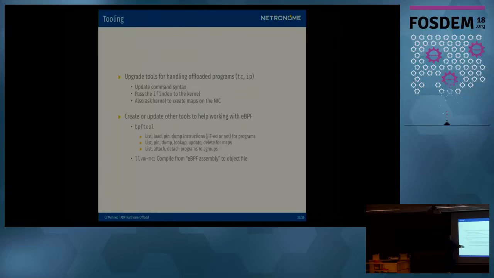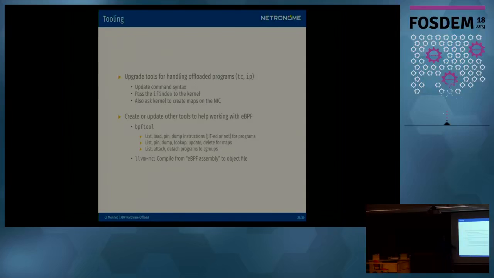For example, bpftool, which is now in the kernel tree, is a simple tool that is able to list, load, pin, and dump instructions for JITed or not JITed BPF programs. It works also with maps or with cgroups. That's something we've developed. We've also patched LLVM MC in order to be able to compile from a human-friendly form of eBPF assembly directly into object files.